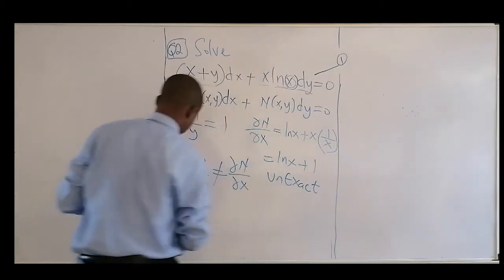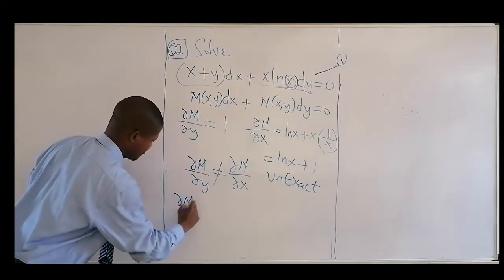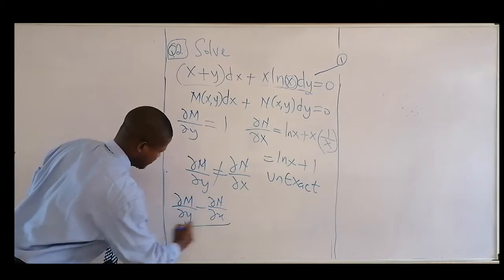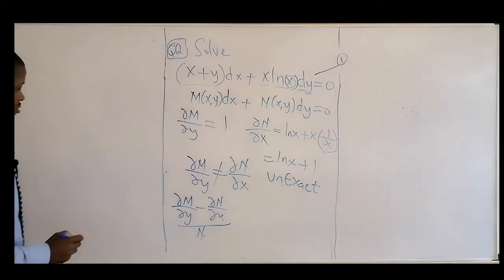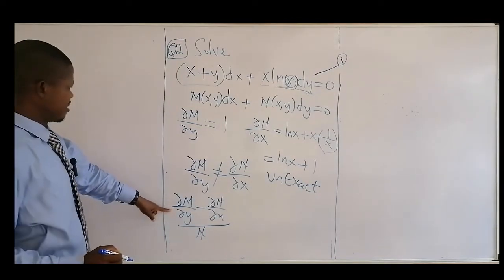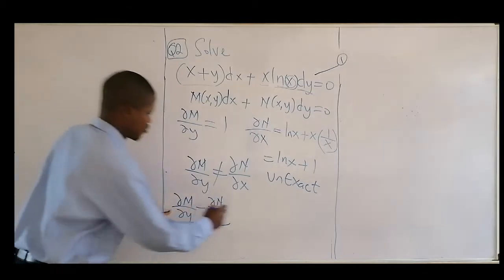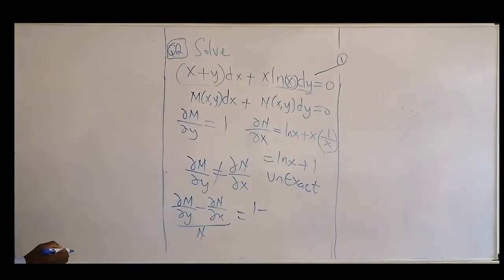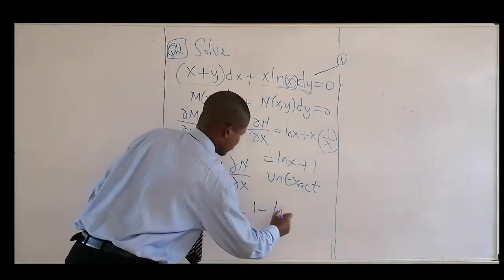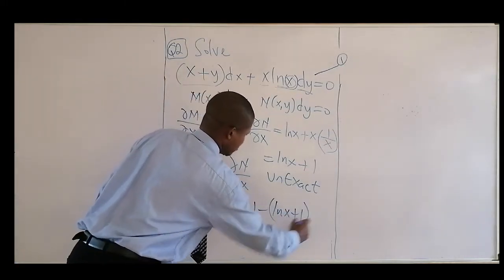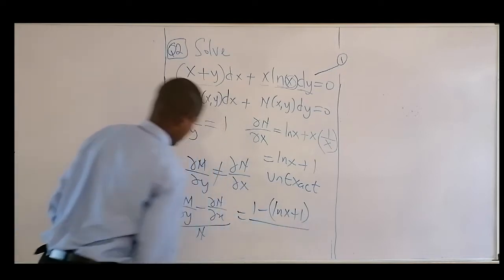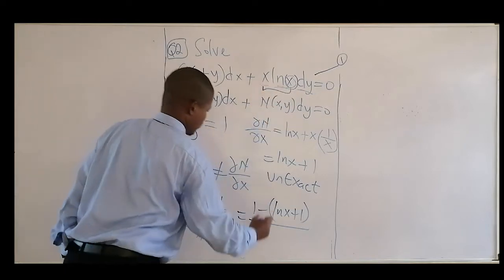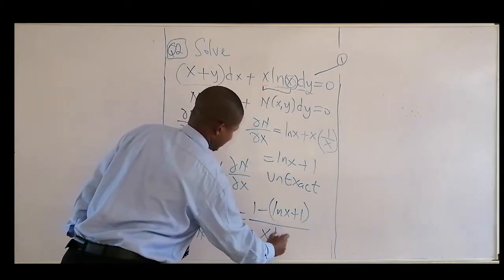The process is, step one, use this expression. Let's check. It's going to give us a function of one variable. We have the partial differential of M with respect to y is 1, partial differential of N with respect to x is ln x plus 1, all over N. My N is x ln x.